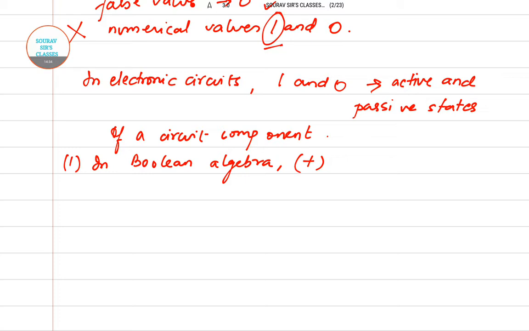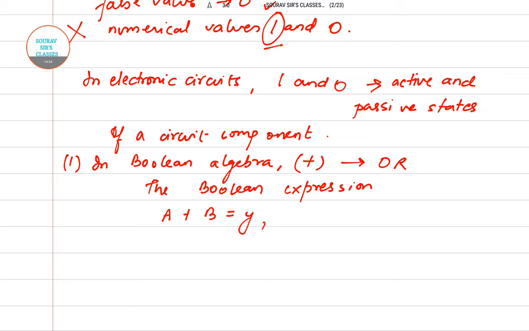This addition symbol is referred to as OR, and the Boolean expression is given by A plus B is equal to Y. In place of the plus you will replace it by OR, so it indicates that Y equals A or B, but this OR means not only this or this, it means addition of both.